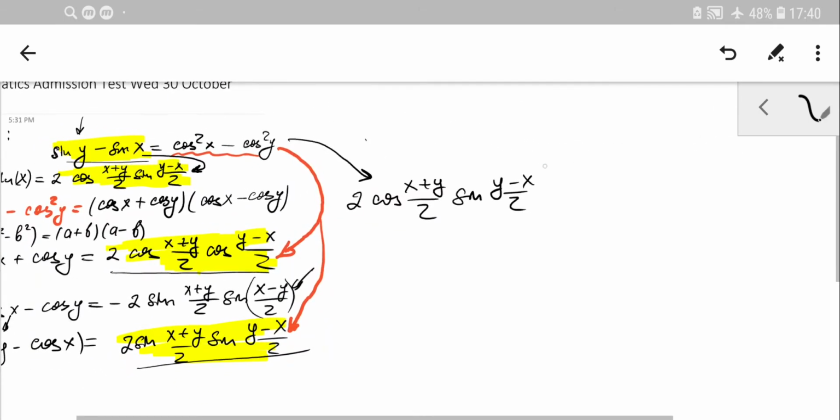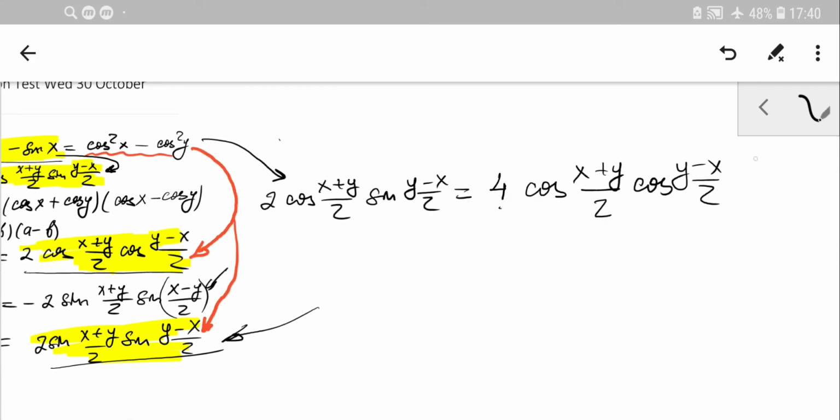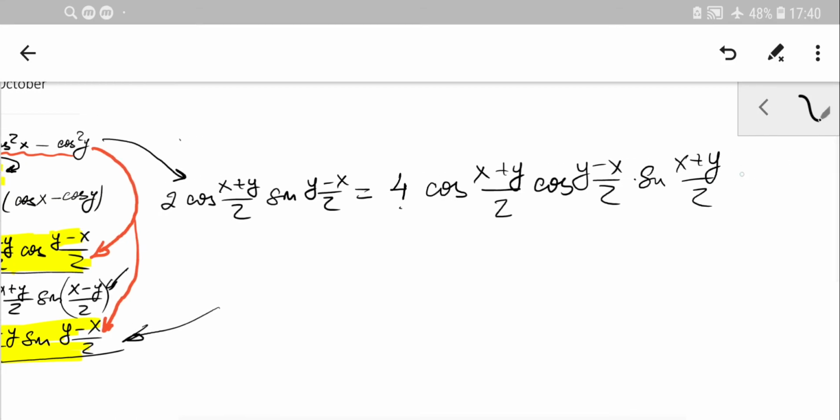So what we can get, we'll have the following. 2 times 2 is 4, so we'll get 4 cos (x+y)/2 cos (y-x)/2, and we also need to include this factor. So 2 we already include, we'll get 4, so we're still multiplying by sin (x+y)/2 and sin (y-x)/2.